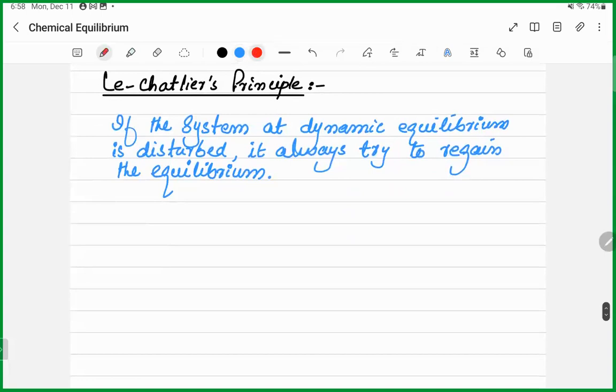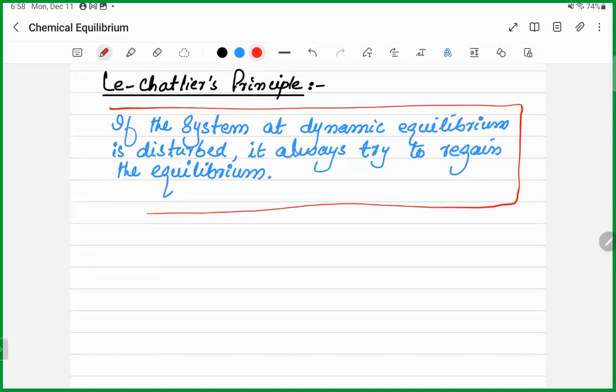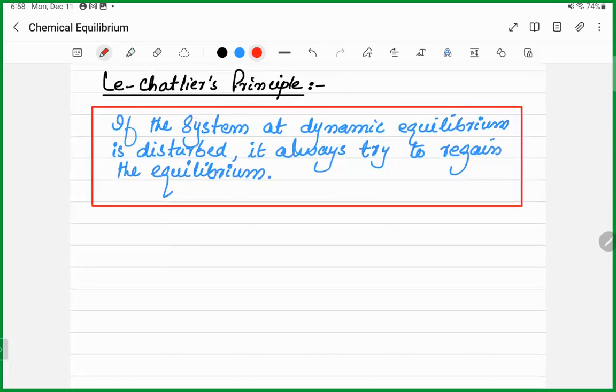That's basically the statement for the Le-Chatelier's principle. And on the basis of this statement, we study the factors that affect dynamic equilibrium.